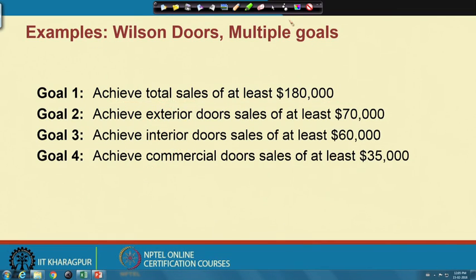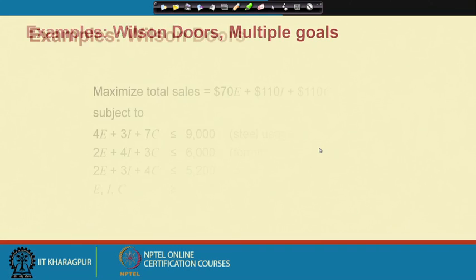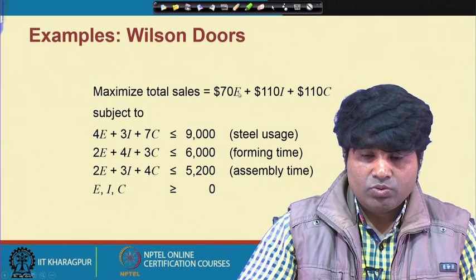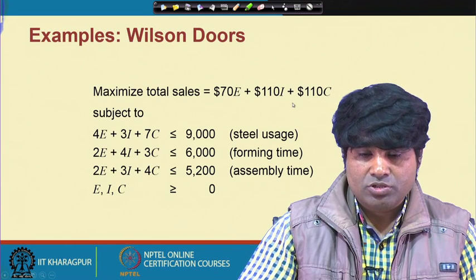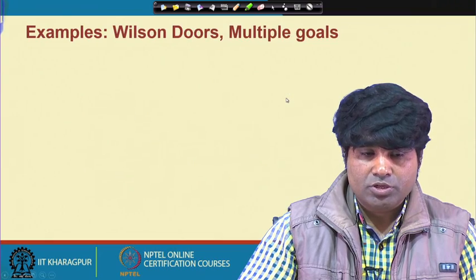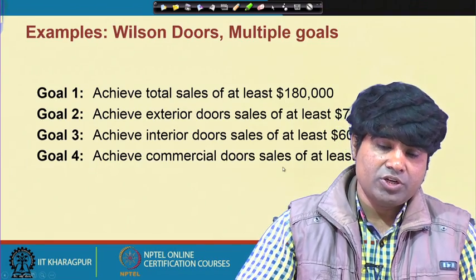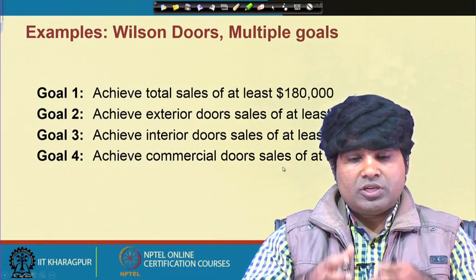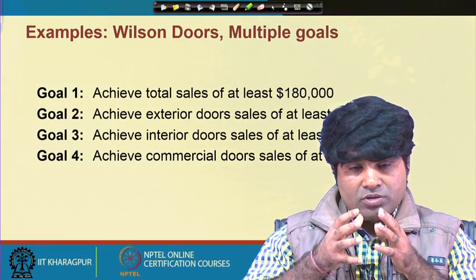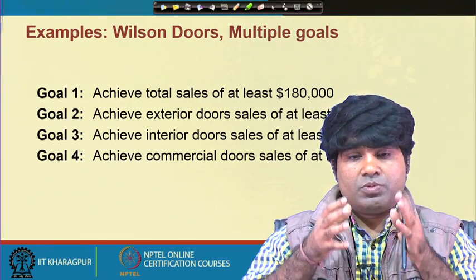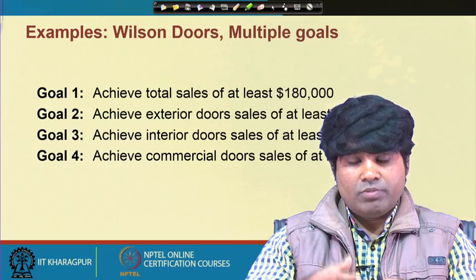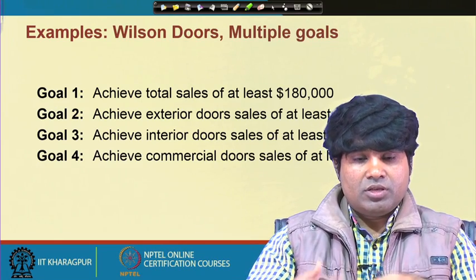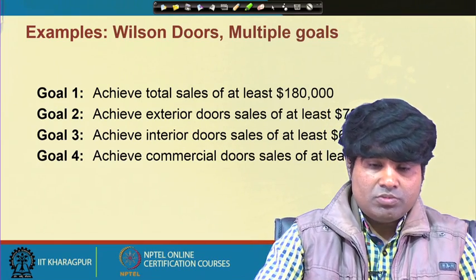So, our original problem is here, this one is our original problem. Now, we have 3 different specifications, and corresponding to these 3 different specifications, we are specifying 4 different goals. As a result, these are additional targets or conditions we are imposing on a problem while highlighting the business issue or dealing with a business problem.